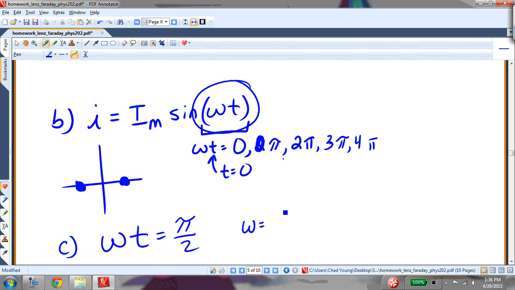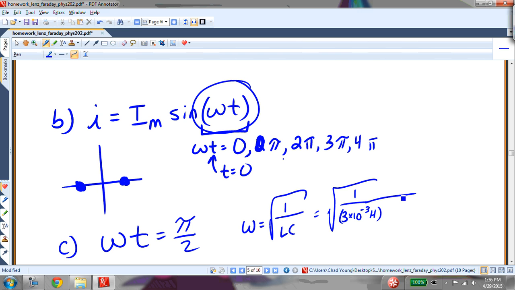Omega for an LC circuit is equal to the square root of 1 over LC. And so this is going to be the square root of 1 over L, which is 3 millihenries, 3 times 10 to the minus 3, times C, which is 1 microfarad, that's 1 times 10 to the minus 6.